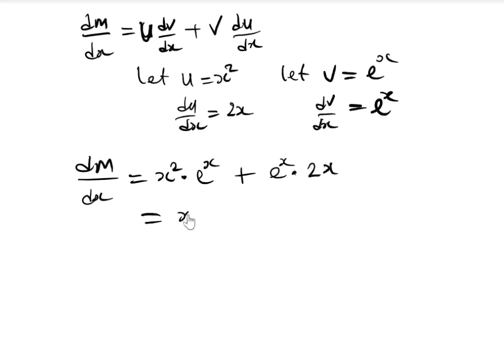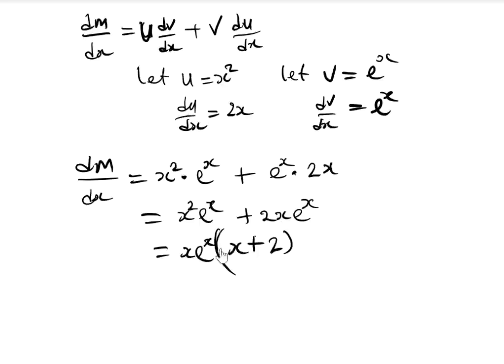Therefore, this is equal to x squared exponential x plus 2x exponential x. We can factor out x exponential x. This expression divided by x exponential x will give me x, and this divided by x exponential x will be 2. So this is our dm/dx.